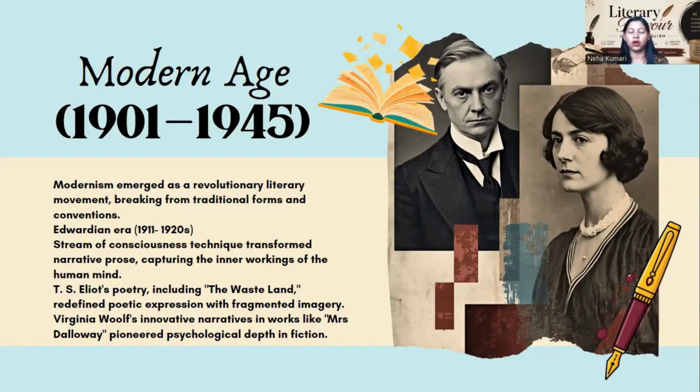Writers felt that the modern world was fragmented, uncertain, and disoriented. Modernist literature experimented with form, language, and narrative technique. Stream of consciousness, symbolism, and fragmented structures became common literary devices.